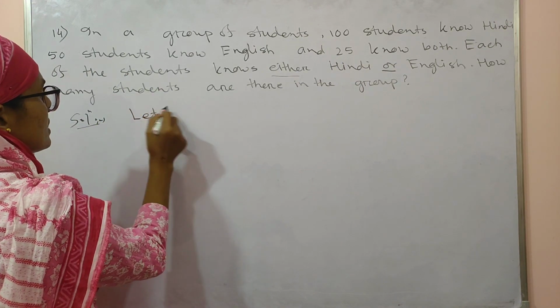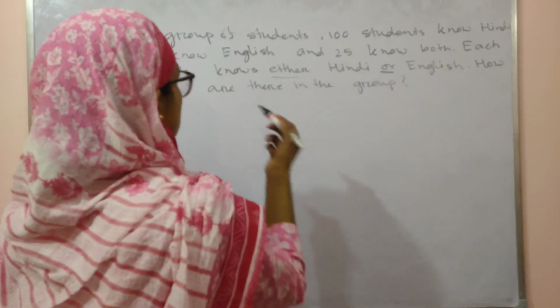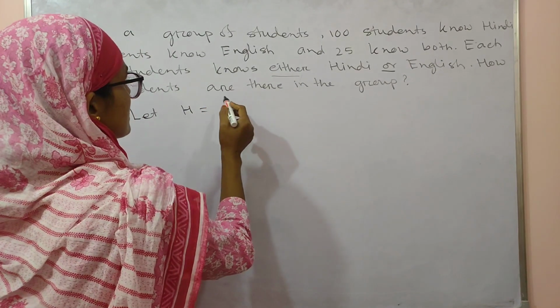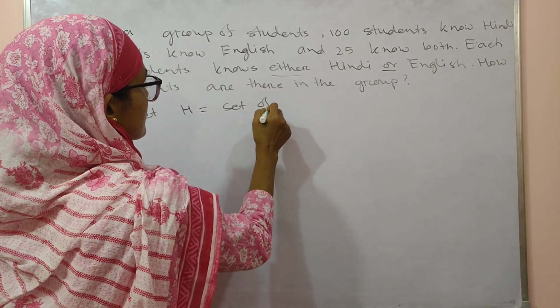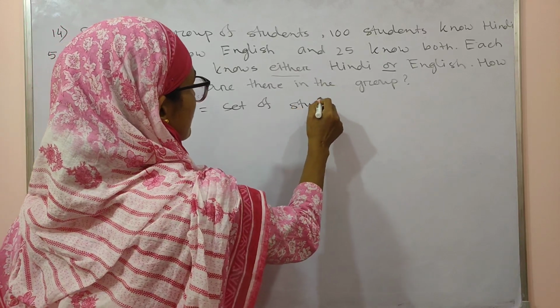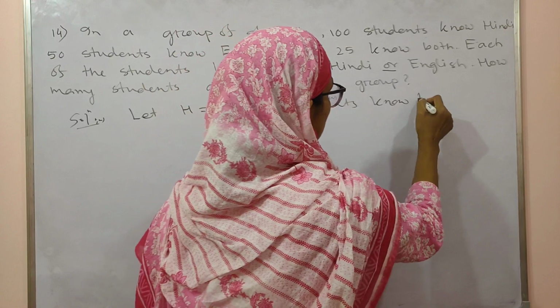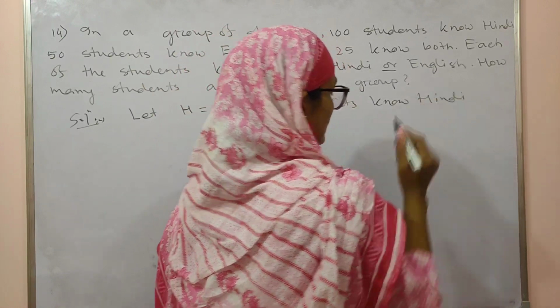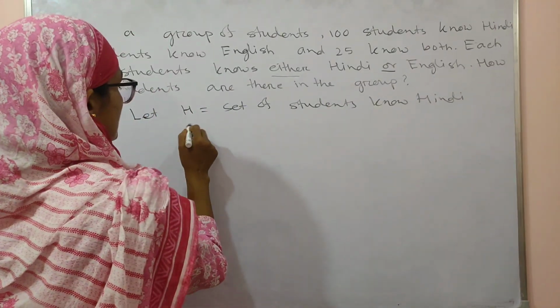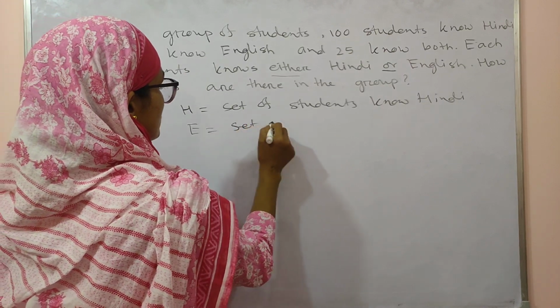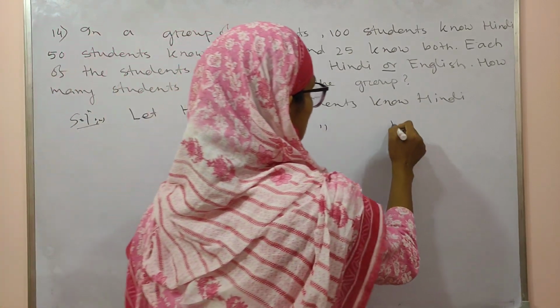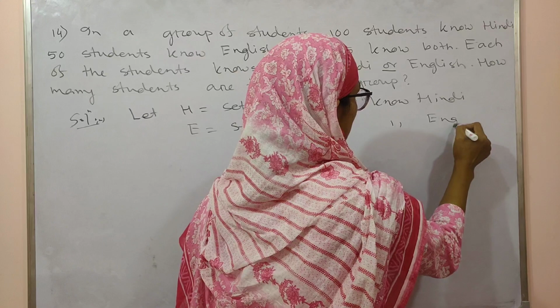Let A be the set of students who know Hindi. Next, E set of students who know English.